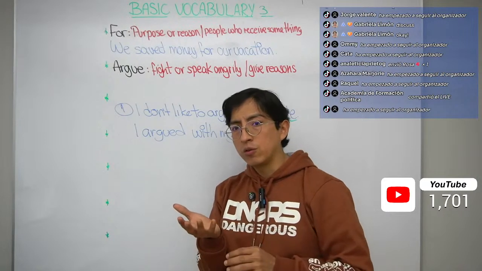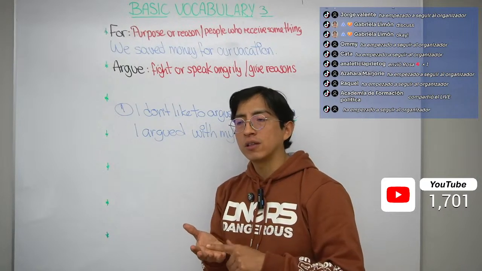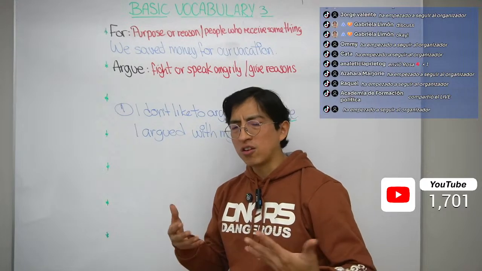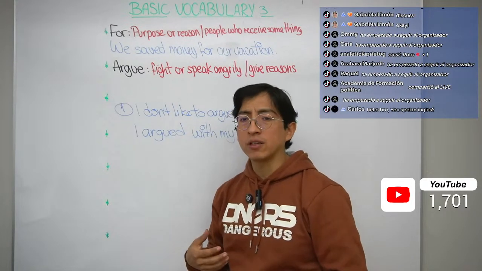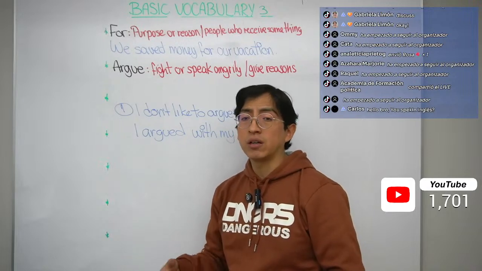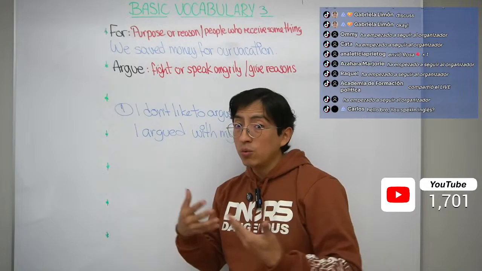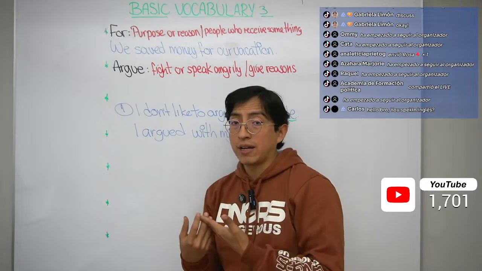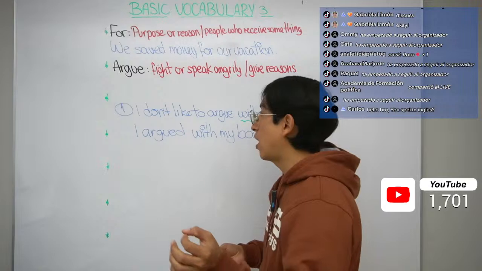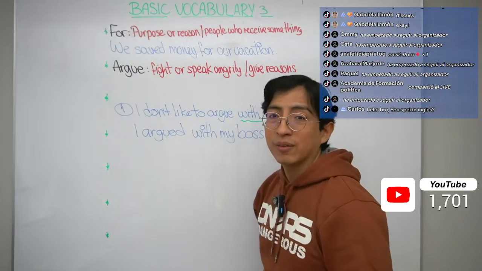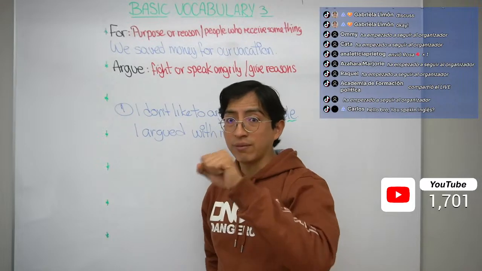Maybe they give you food that is in bad condition. So you start arguing: no, I'm not going to pay for this, because I don't like the service. Maybe you would have an argument there. So you argue with the server. Or it's very common that you can do this when you are driving, right?